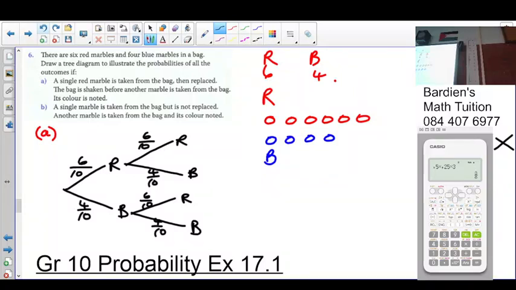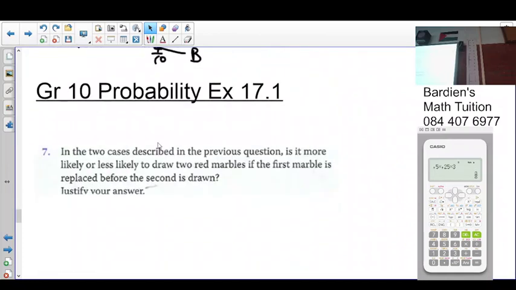So let's then calculate. This was not asked. I think this is question 7. In the two cases described in the previous question, is it more likely or less likely to draw 2 red marbles?